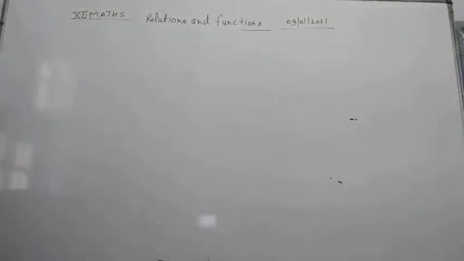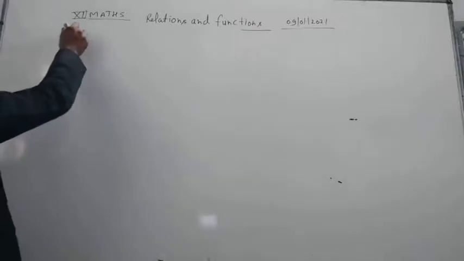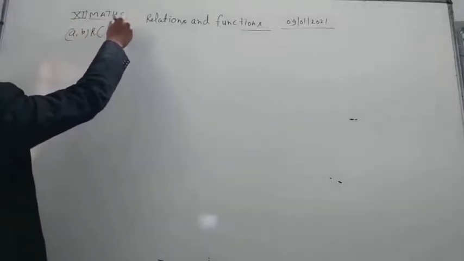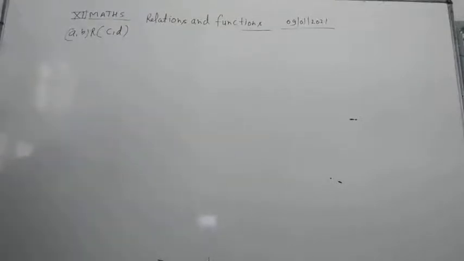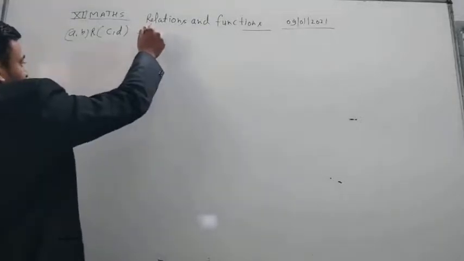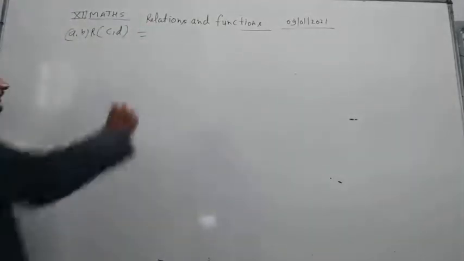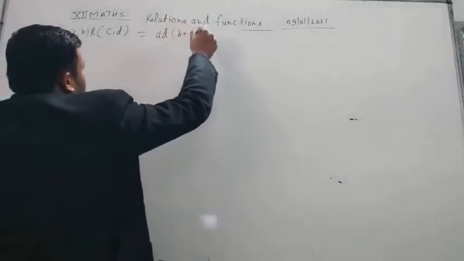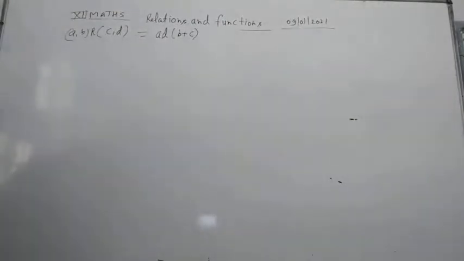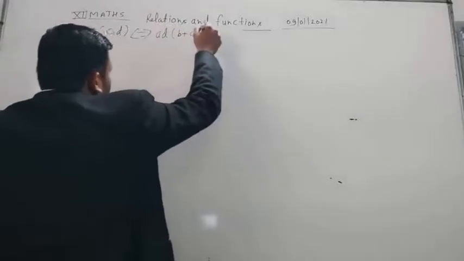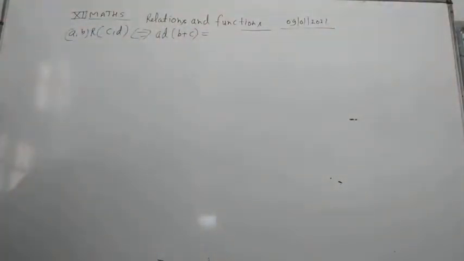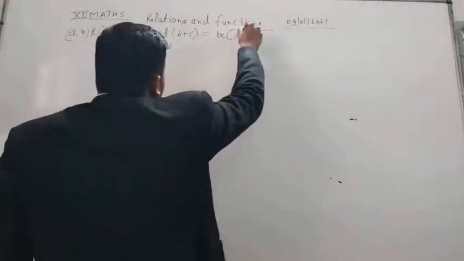Our next question is, student, let capital N denote the set of all natural numbers and capital R be the relation on N cross N, defined by (A, B) related to (C, D) if AD(B + C) = BC(A + D).